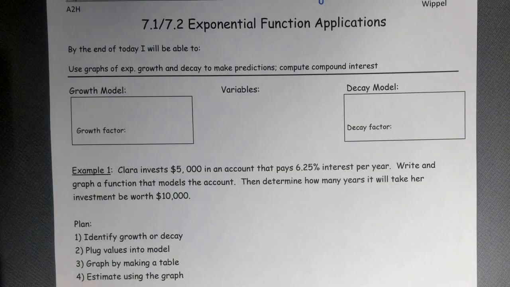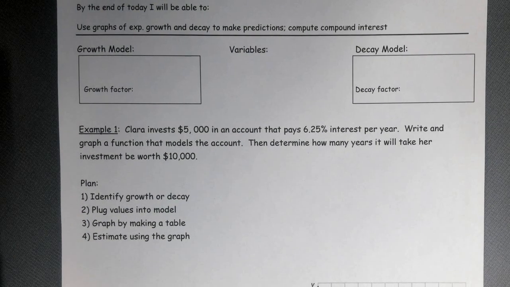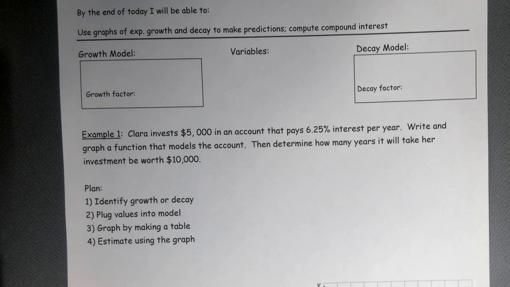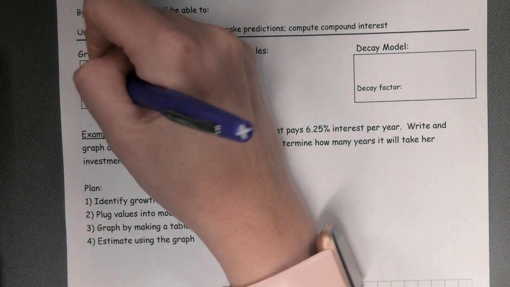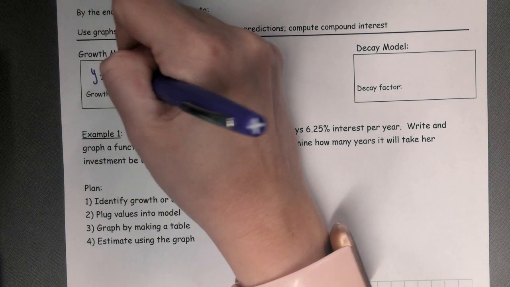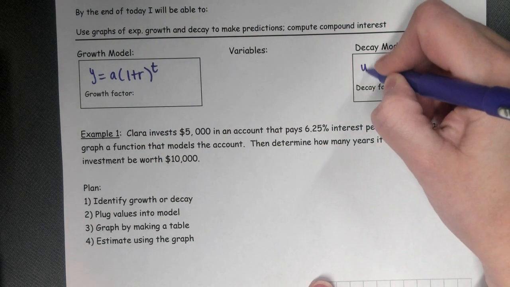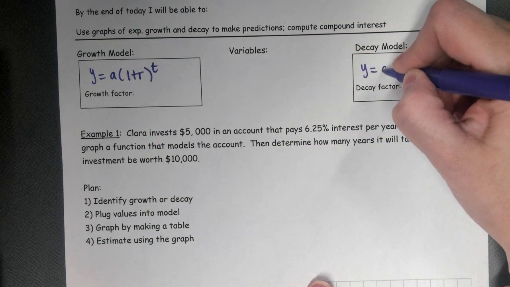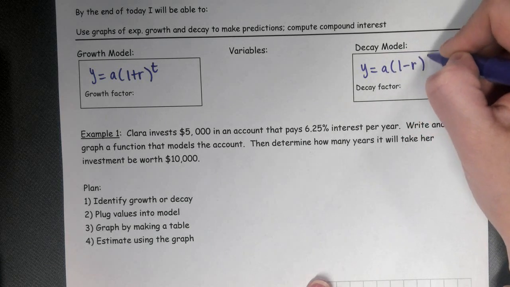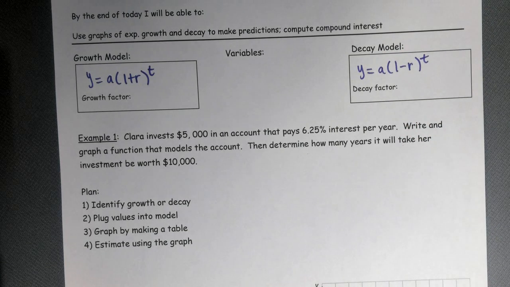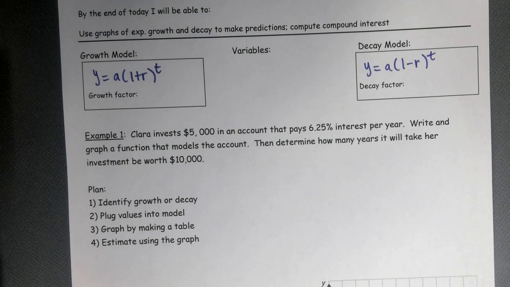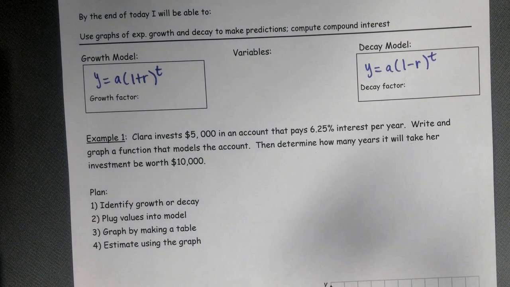So the growth model and the decay model are both very simple. The growth is y equals a times 1 plus r to the power of t, whereas the decay is a times 1 minus r to the power of t. So in both models, you have the same variables.